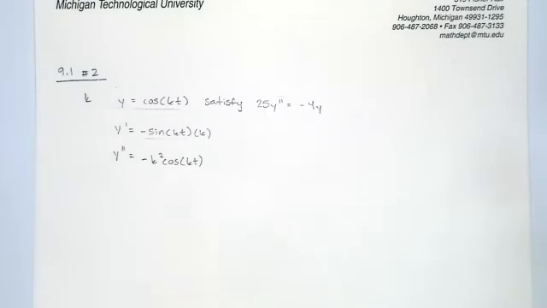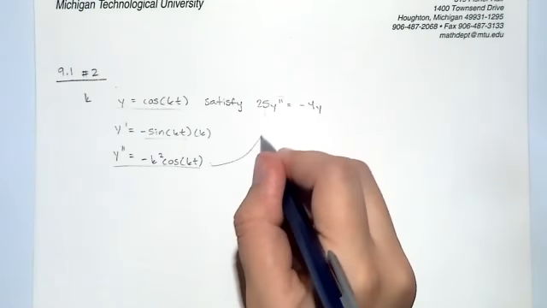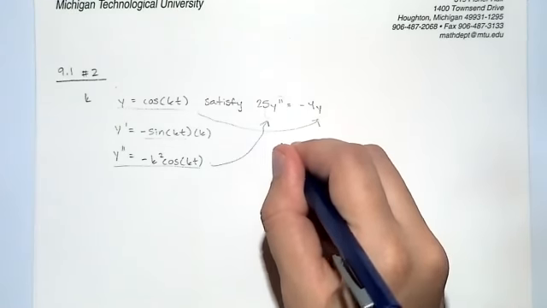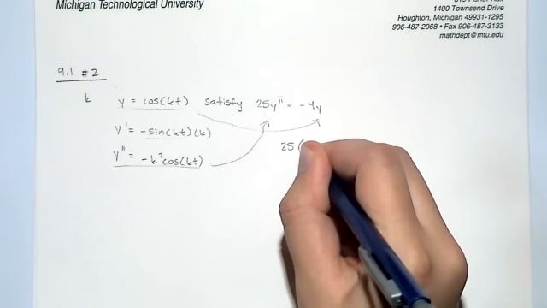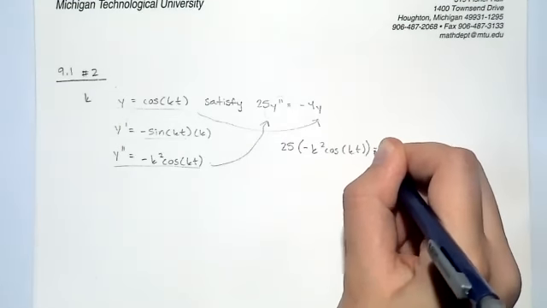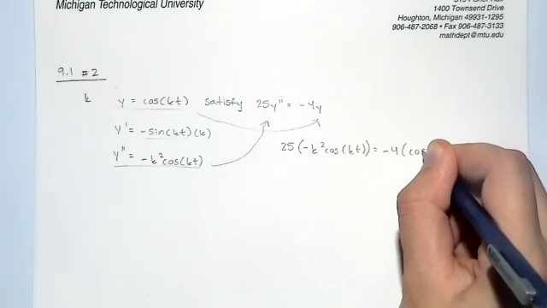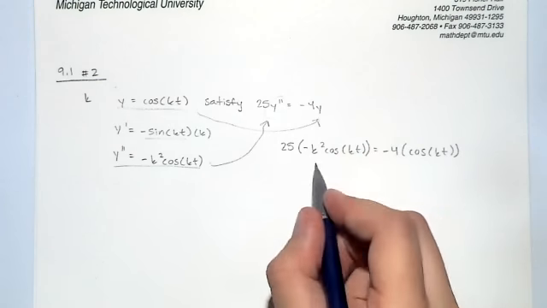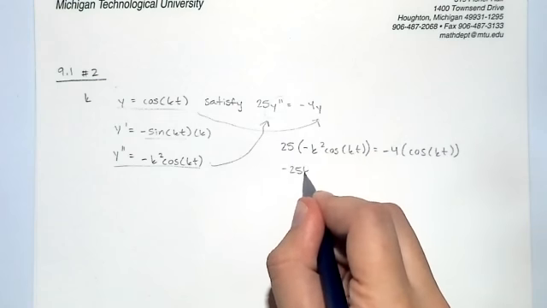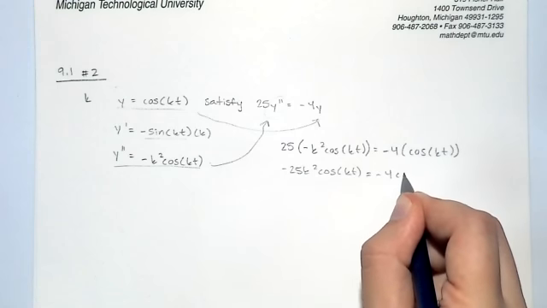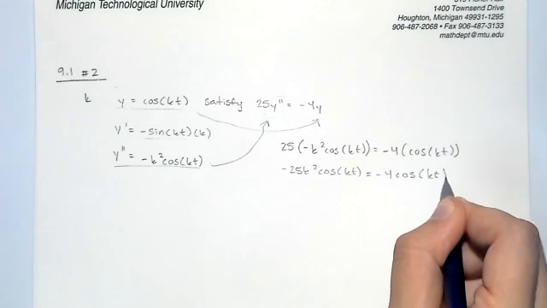Cool. So now we want to take this and sub both of them into the equation. So we have 25 times negative k squared cosine of kt is equal to negative 4 times cosine of kt. And then we have negative 25k squared cosine of kt is equal to negative 4 cosine of kt.